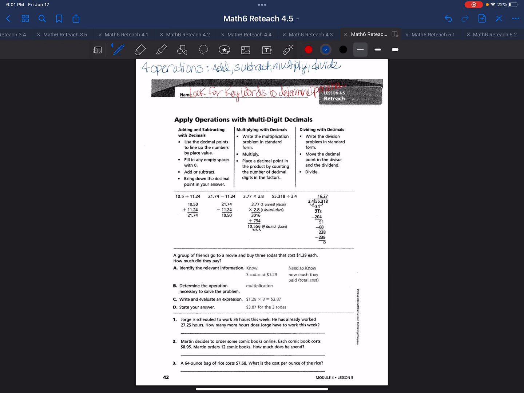So let's go over those keywords and phrases for the 4 main operators. So we have addition and subtraction.